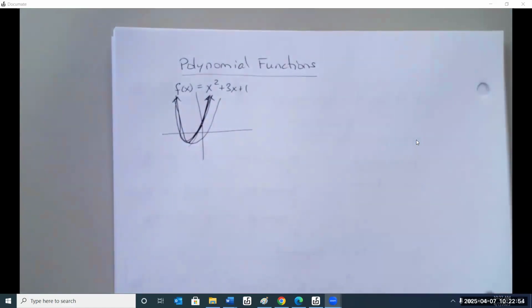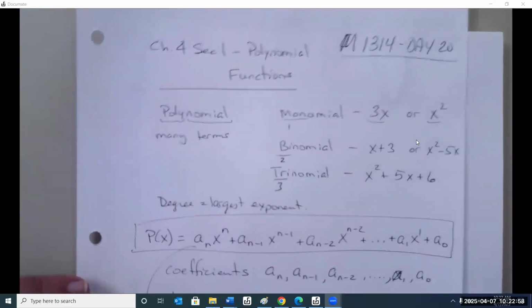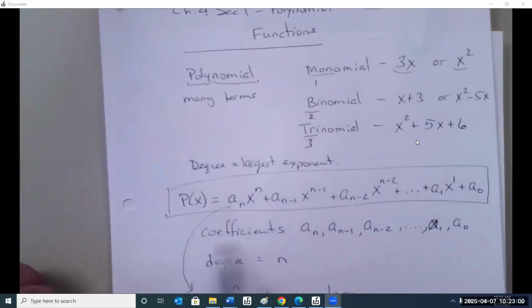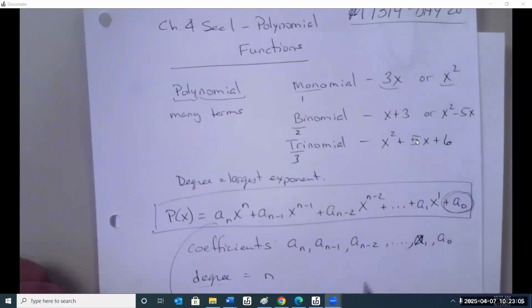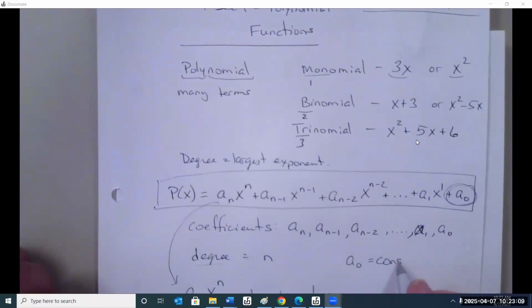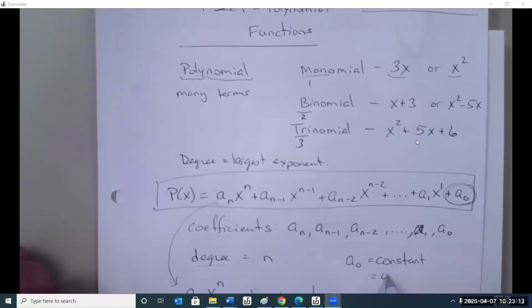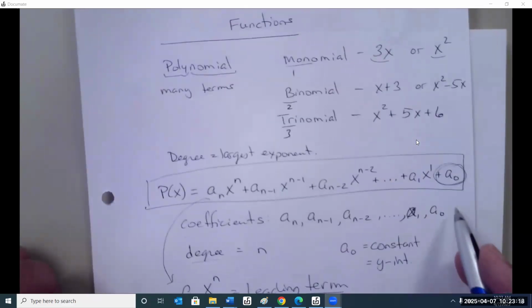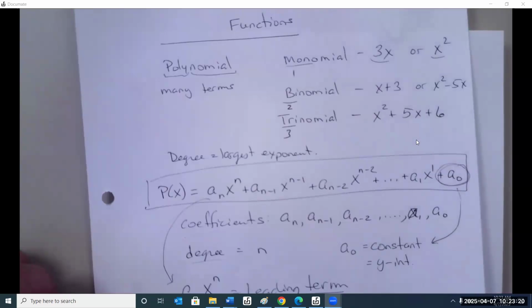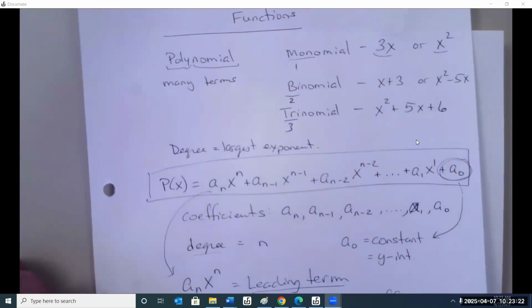Remember also, the coefficients, the degree is n, and the constant number, a sub 0, is your y-intercept. So the last number, if there's a number without an x, it's the constant, that's your y-intercept.